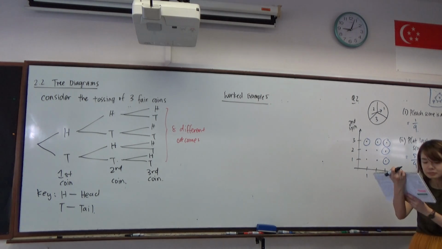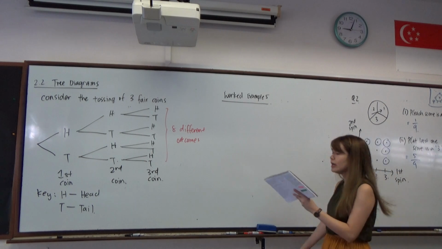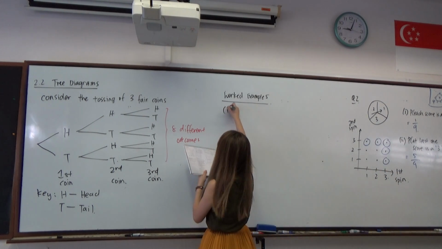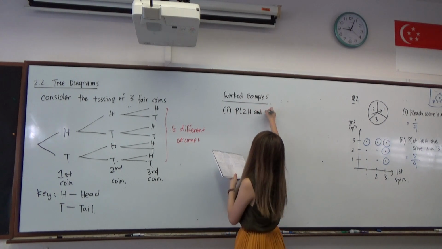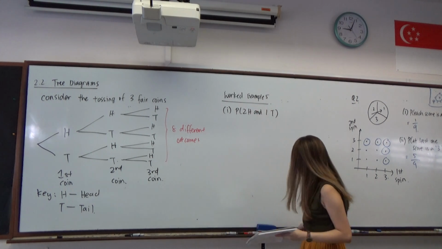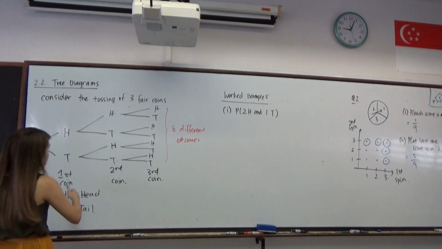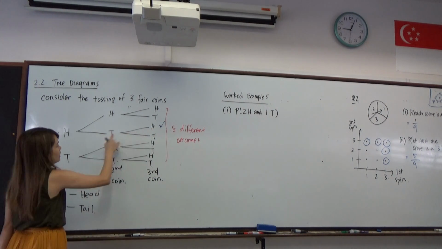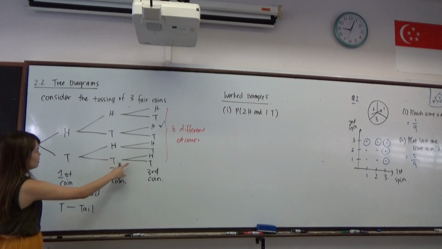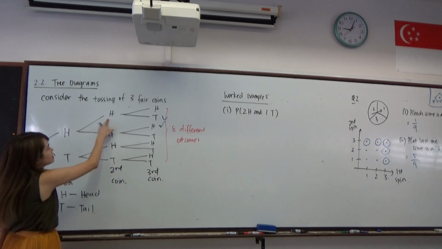Okay. So we want to first find the probability that there are 2 heads and 1 tail. Okay, so 2 heads and 1 tail, that will actually be having this option. Okay, 2 heads and 1 tail. Then after that, or else this option as well, 2 heads and 1 tail.